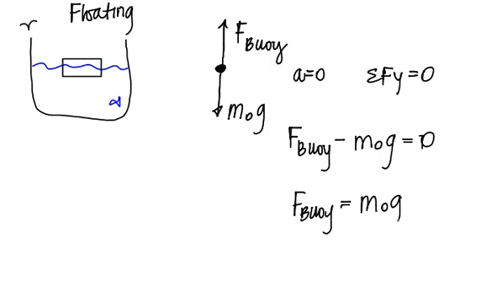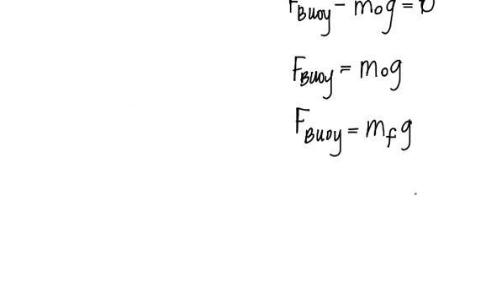What was m object g equal to in terms of Archimedes' principle? M fluid g. Do we measure fluids in mass? No way. We usually measure it in volume, and we can relate mass to volume using our density, right?